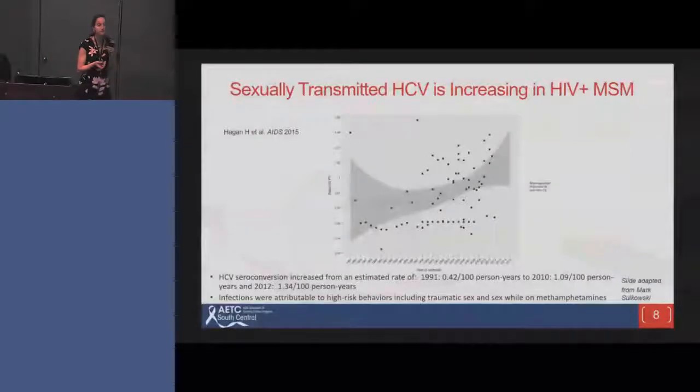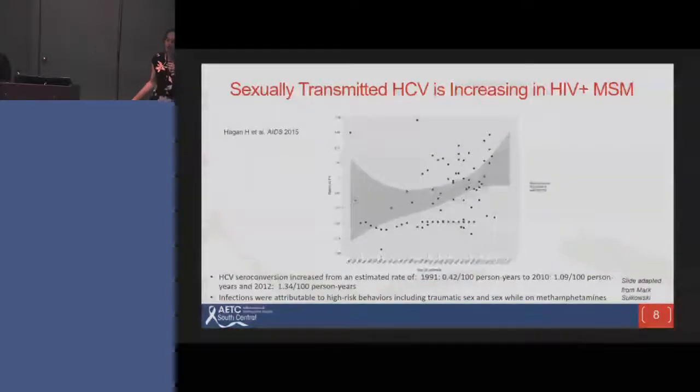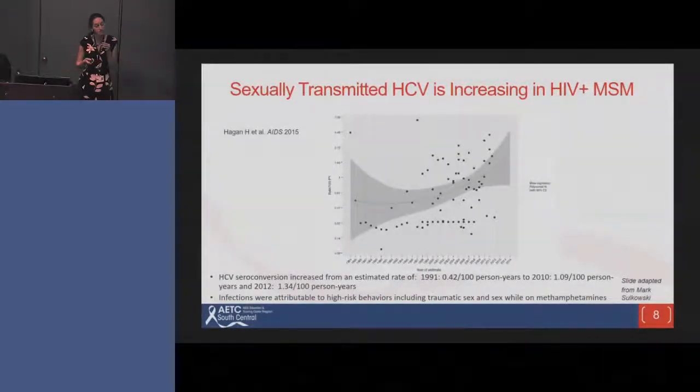In fact, the risk of transmission of hepatitis C by same-sex intercourse among men has been on the increase. I don't know if you can see the years here, but starting at about 2000 or so, we really start to see an uptick in the incidence of hepatitis C infection among men who have sex with men.